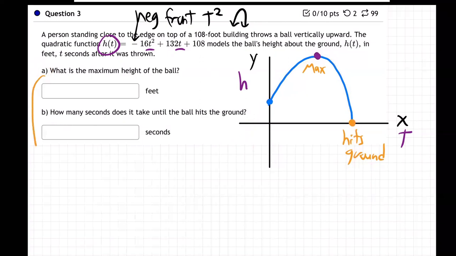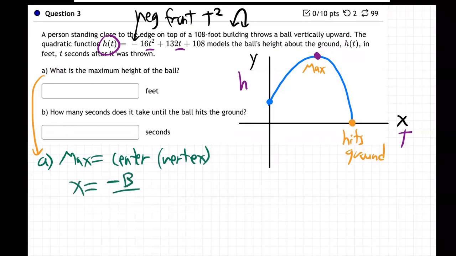Bring it down here, part A. The max equals the center of the graph, also called the vertex. Call it whatever you want. Anybody remember the formula? It's X equals negative b over 2a. That's how we did that in an earlier section. That's how you find the center of the U-shape, the middle of the parabola. X equals negative b over 2a.